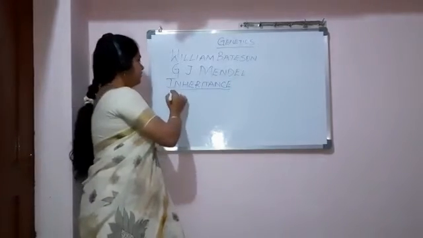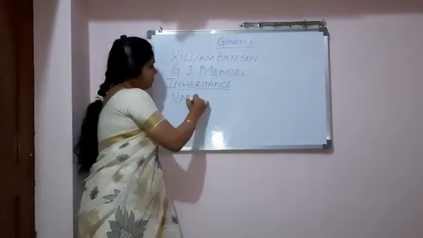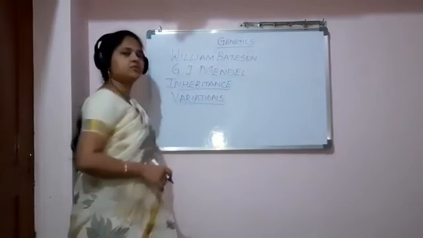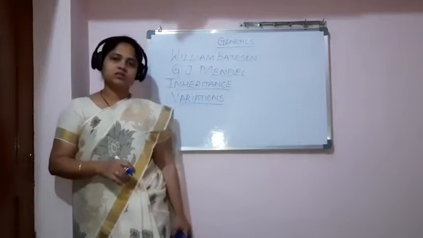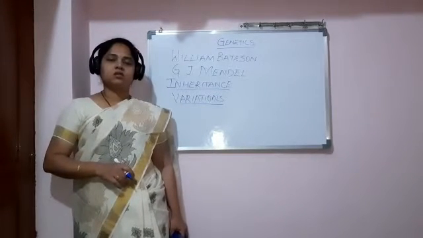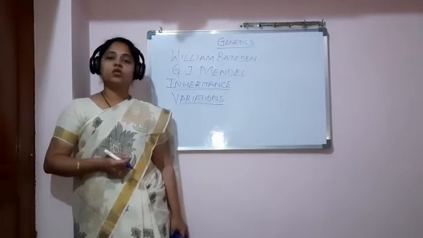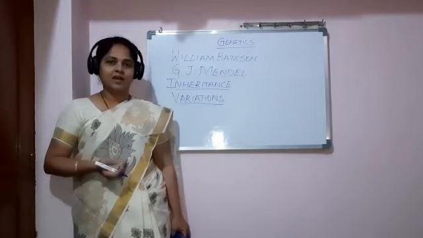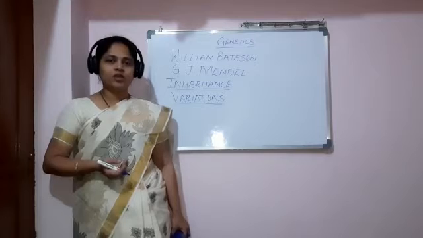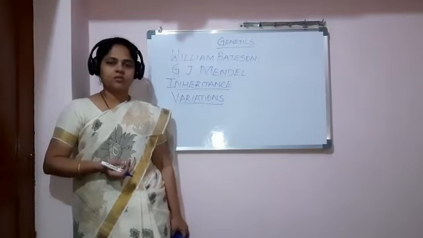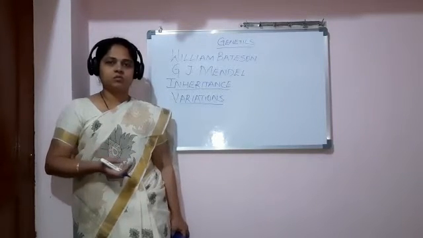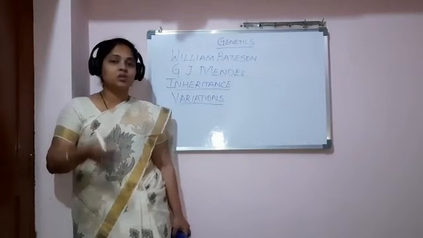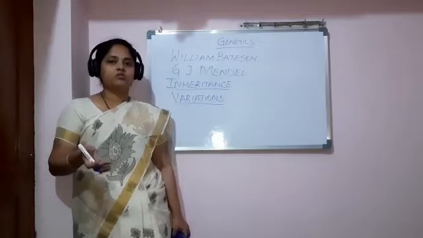So now, variations. Right now I was dealing with human beings, as we are very familiar with ourselves rather than any other animal in the world. If you talk about human beings, there are certain characteristic features which are present within you but may not be present in either of your parents.